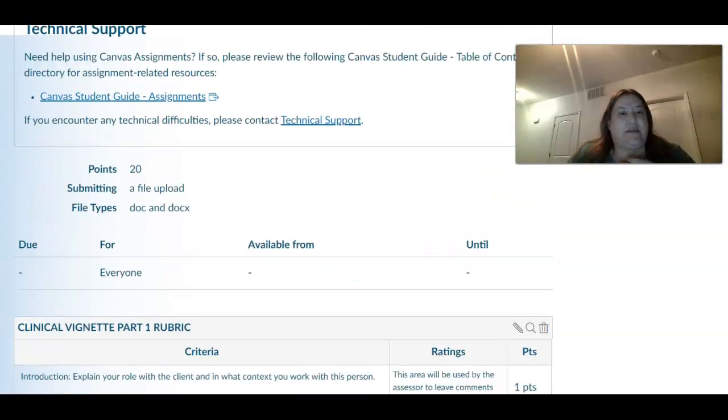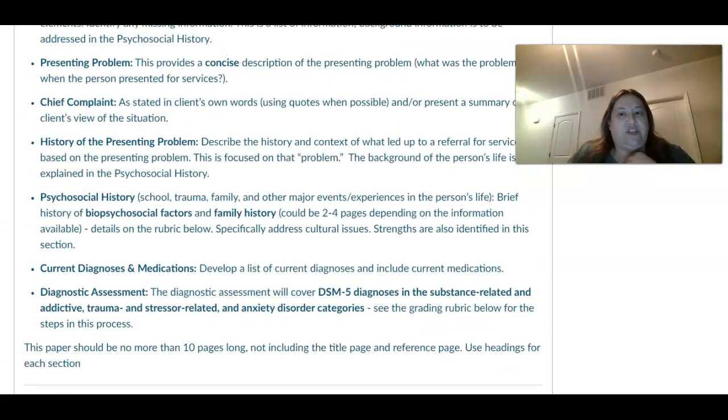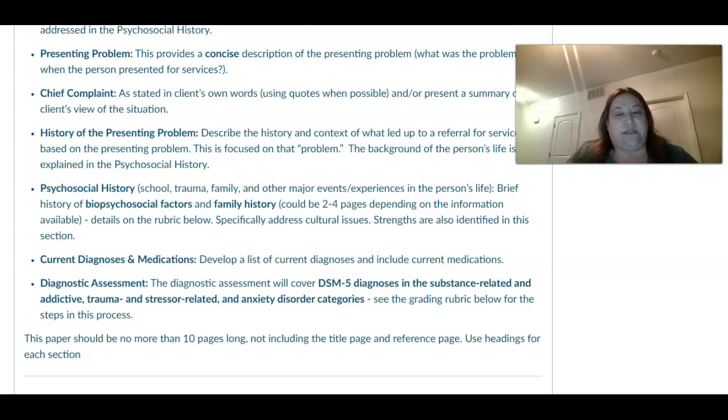When we got to the diagnostic criteria, which, as I mentioned in video 2, the biopsychosocial history and the diagnostic assessment, the information that's here, there is additional information, as it says on here, in the grading rubric below for the steps in the diagnostic assessment.